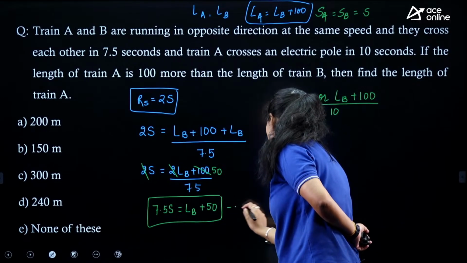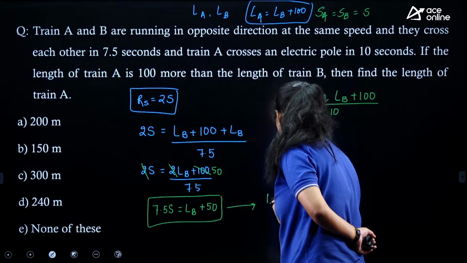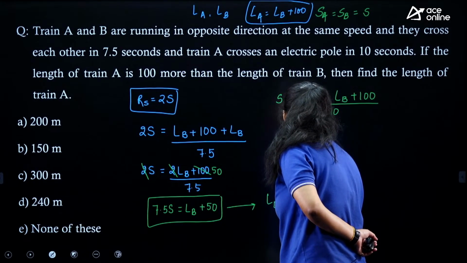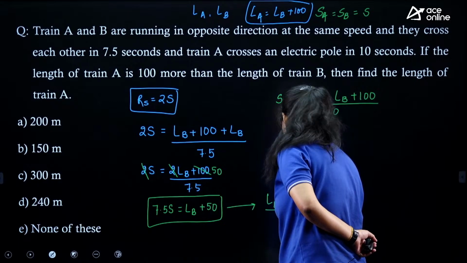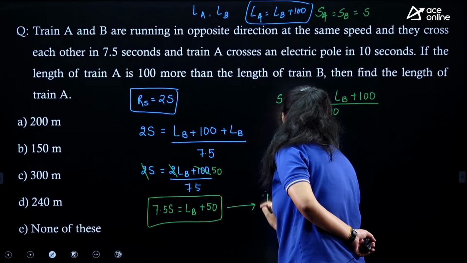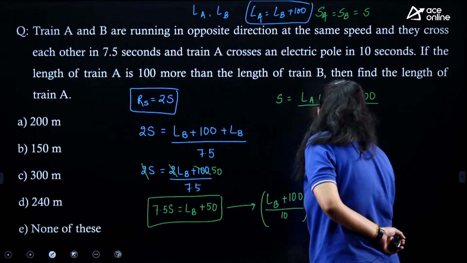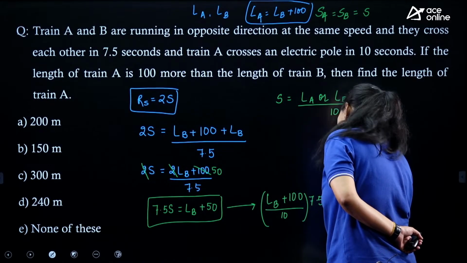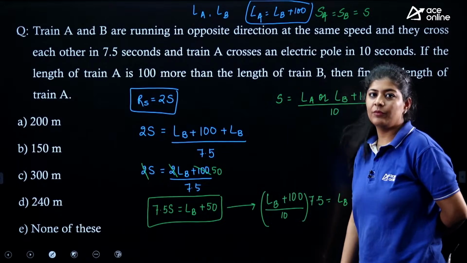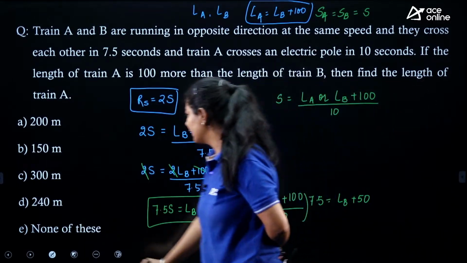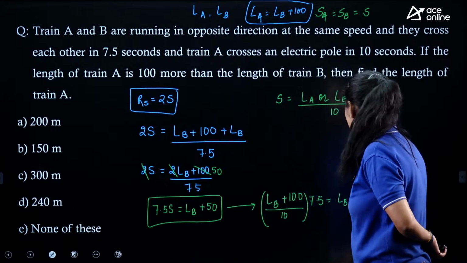So we can write this equation as (LB plus 100) divided by 10, multiplied by 7.5, is equal to LB plus 50. This is the thing that we have over here. Now we can simply check whether we can cancel it out or not, right?